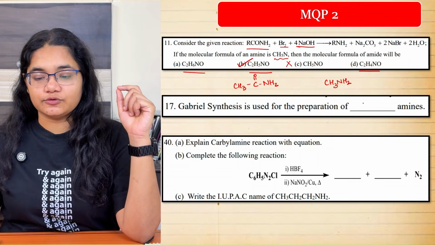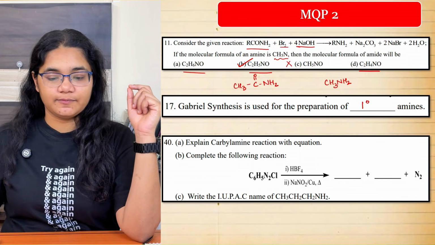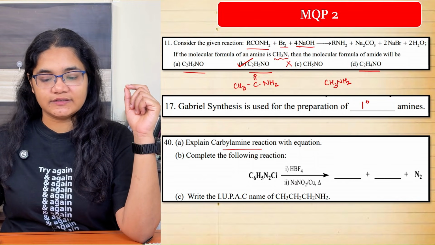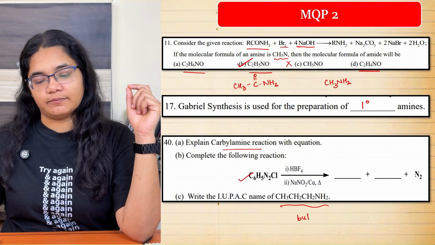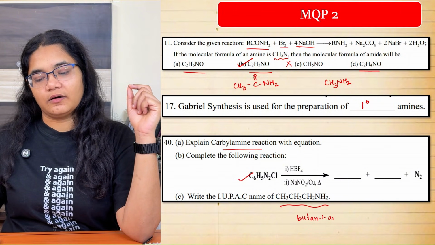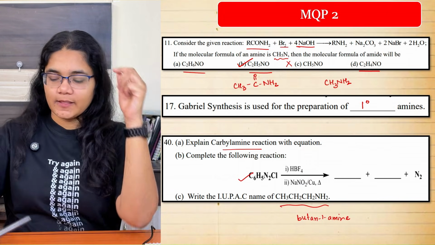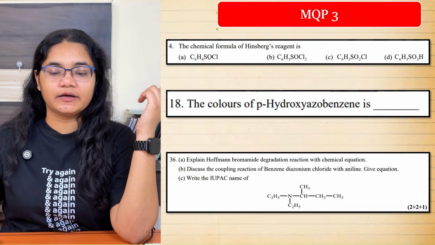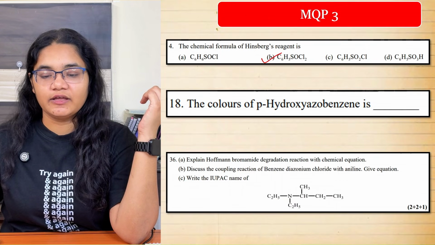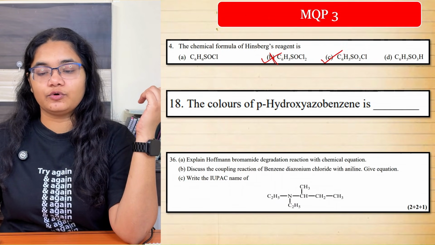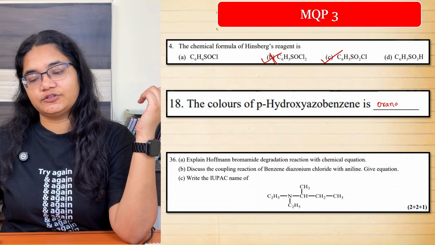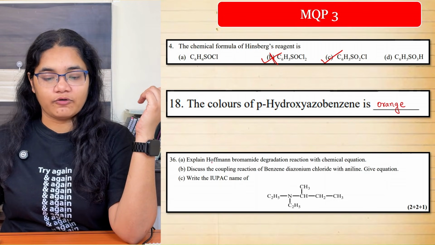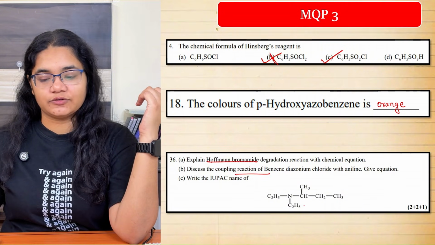Next, Gabriel is used for the synthesis of primary amines. Next, carbylamine we have already discussed. This reaction also we have discussed, and the IUPAC name of this one is very simple. It is butan-1-amine. Now moving to model question paper 3, Hinsberg reagent formula is C6H5SO2Cl, and color of para-hydroxyazobenzene is orange. Then Hoffmann bromamide we have discussed, coupling reaction we have discussed.